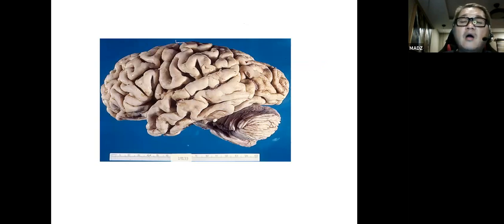So this is how a demented brain looks like, or a brain with Alzheimer's disease. You see there is brain atrophy. The sulci are deeper and the gyri much thinner. So this is a brain with generalized atrophy.